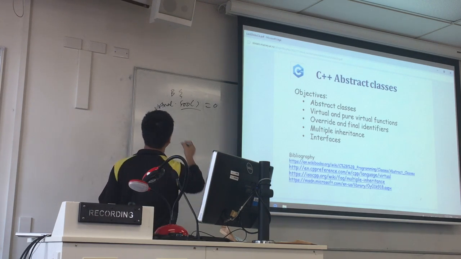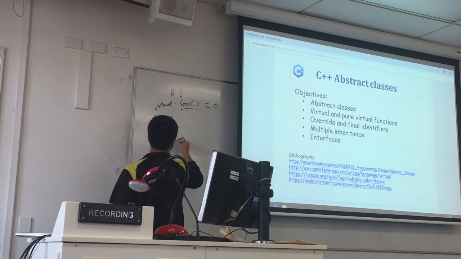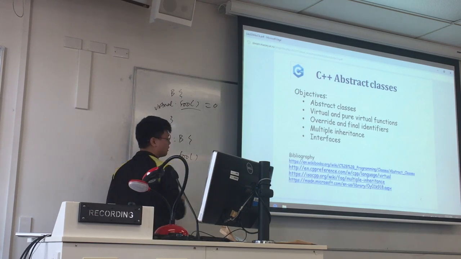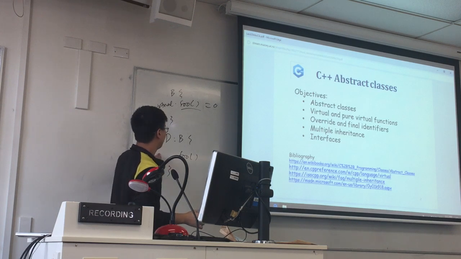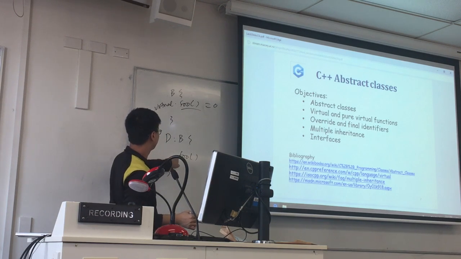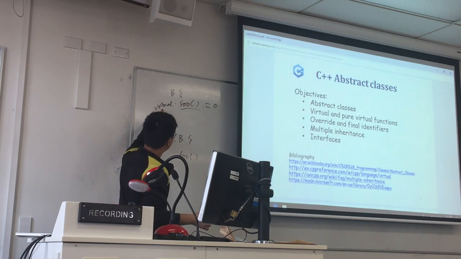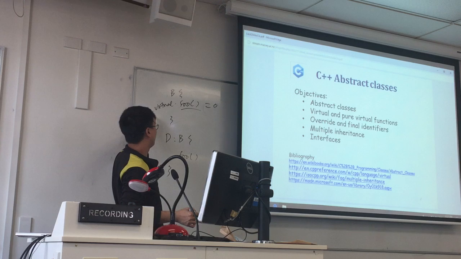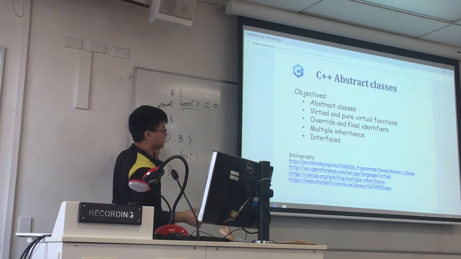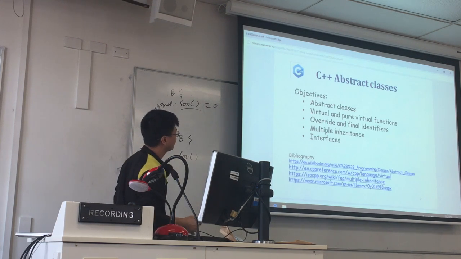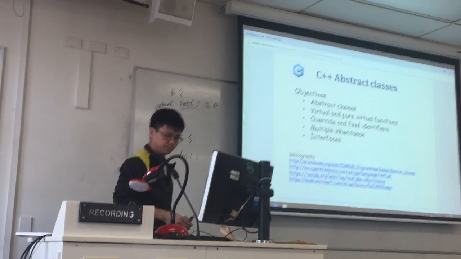And then when you have a derived class and you implement foo, this is not overriding, because there is nothing for it to override. This is simply to fulfill the requirement of being a derived class of B.